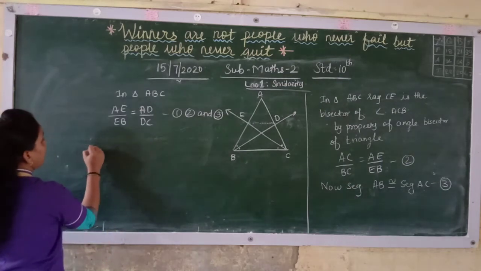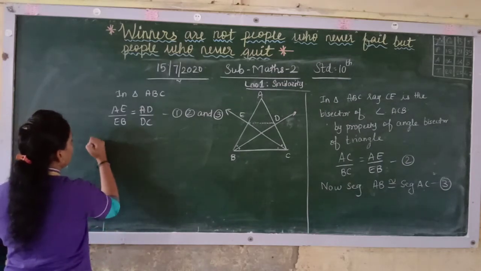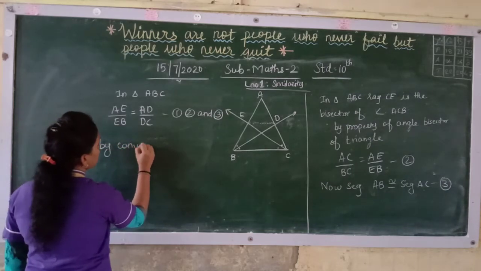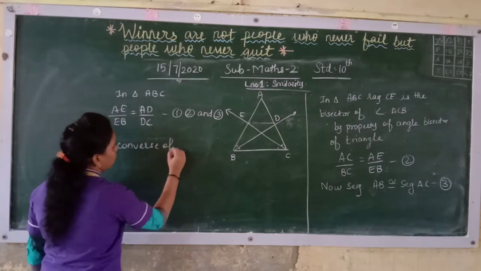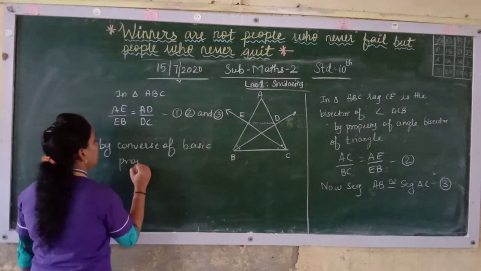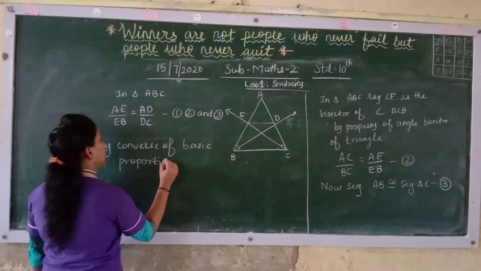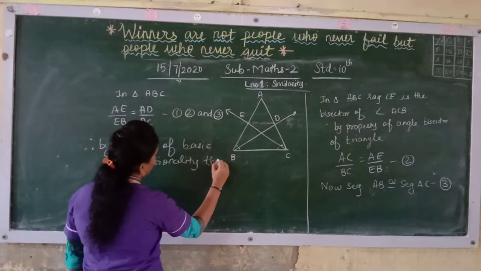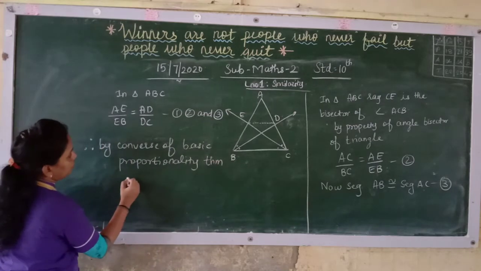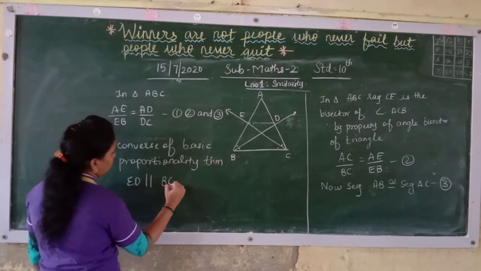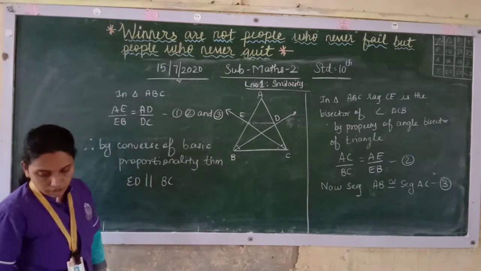So here you will write, therefore by converse of basic proportionality theorem, you will get ED is parallel to BC.